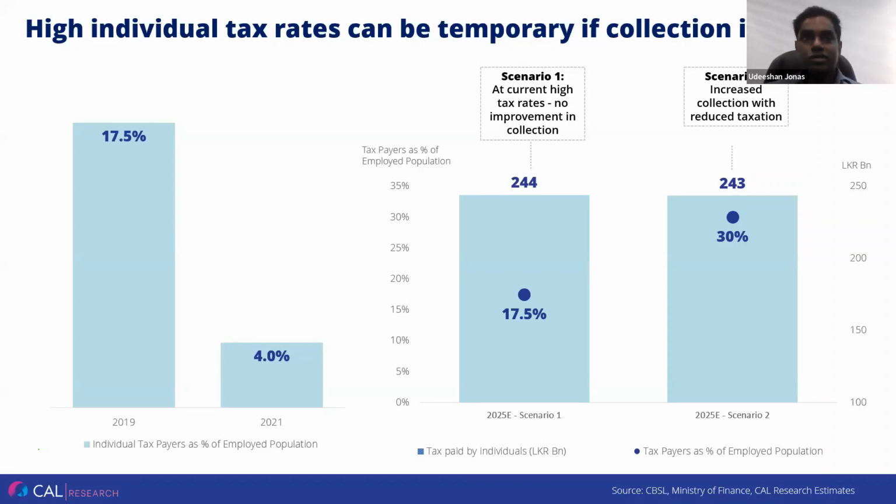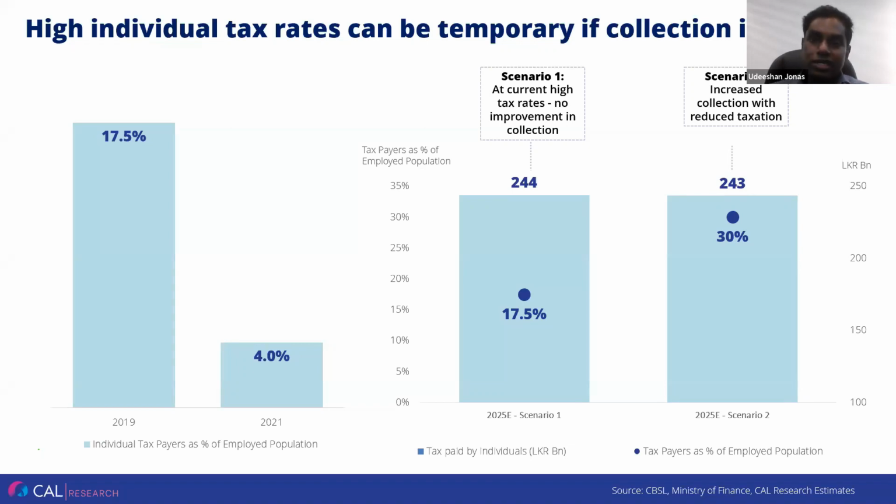So even in 2019, the 17.5% of the population which paid taxes was a very low amount compared to what it should have been. So what we feel is, if the inland revenue really goes after people who are not paying taxes, if they can start going behind employment income or even investment income by tracking the sources, which they are planning to do, they will be able to increase their collections by at least 70%.